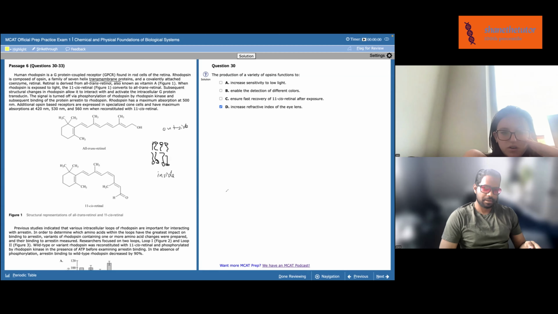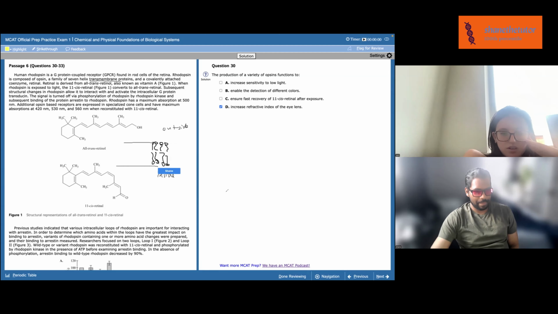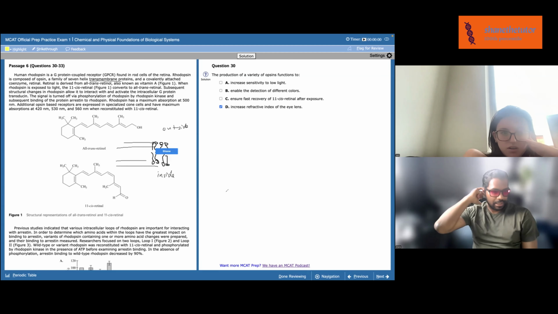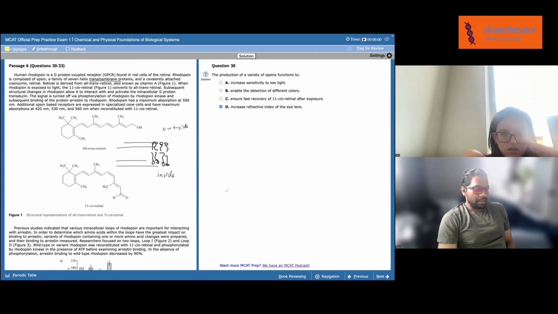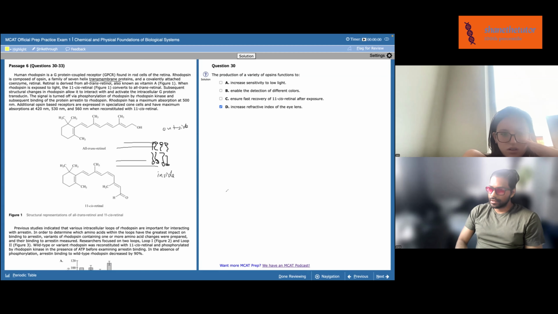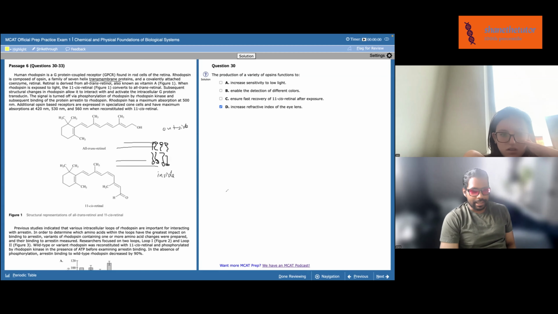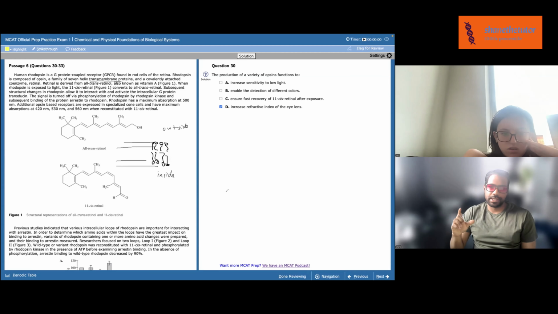The inside of the cell is the cytosol, which is mostly water. And the outside of the cell is the interstitial space, which is also predominantly water. So the heads are actually pointing towards the polar regions, right?